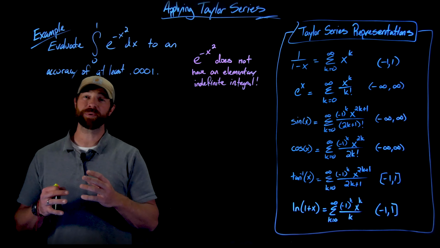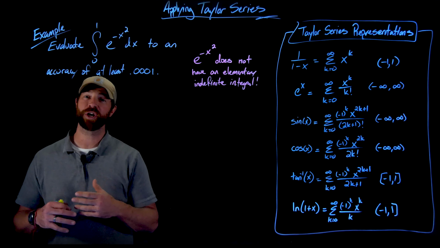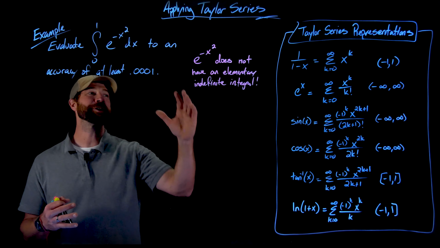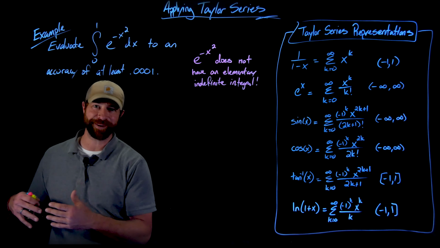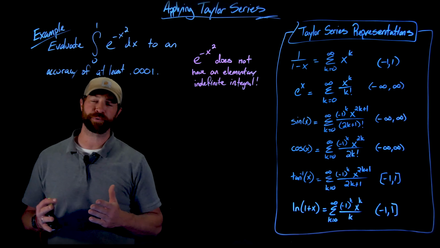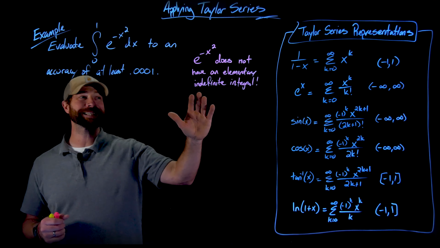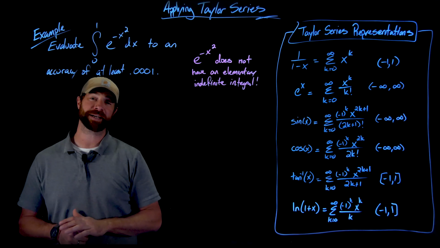And what that means is we can't actually write the antiderivative of e to the negative x squared using the functions that we have. Importantly to this statement, an elementary indefinite integral doesn't mean that it uses really basic numbers and expressions, but that any function we've ever seen up to this point cannot be used as a representation for the antiderivative or the indefinite integral of e to the negative x squared.